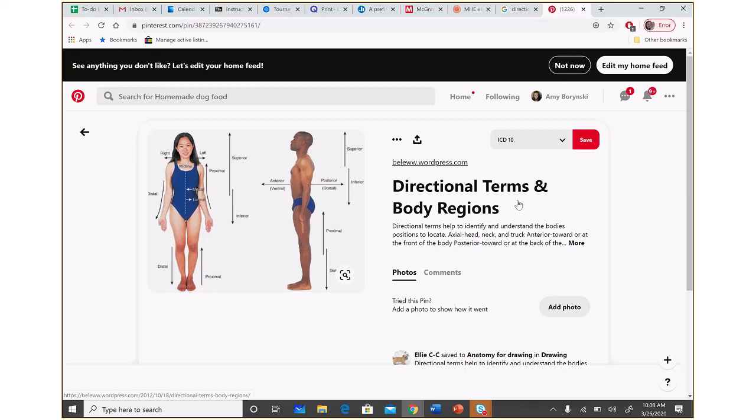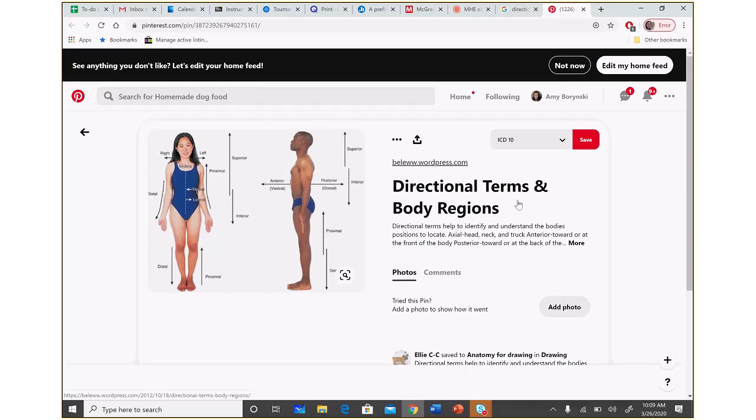Okay, and again, just like we saw in that other picture I showed you in the PowerPoint, there are those little things in parentheses. Another term for anterior is ventral. So anterior and ventral mean literally the same thing, and posterior and dorsal mean literally the same thing because, of course, we want to make sure that you're nice and confused.